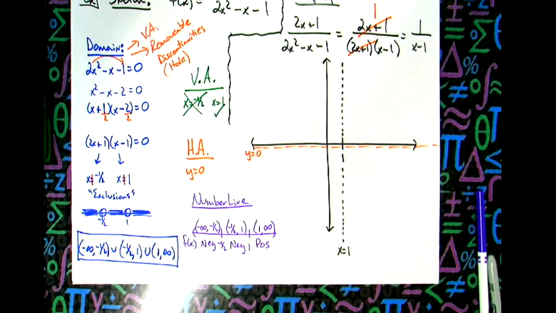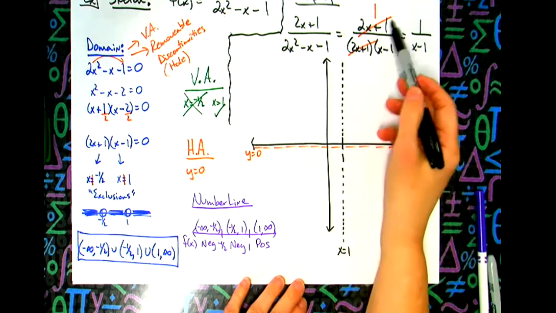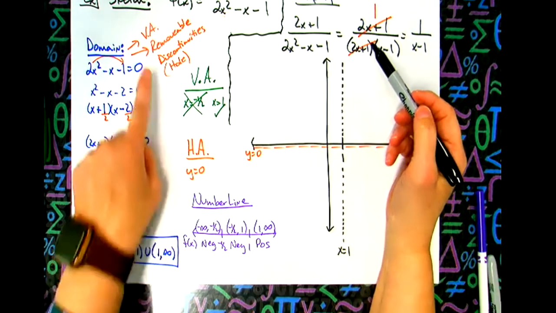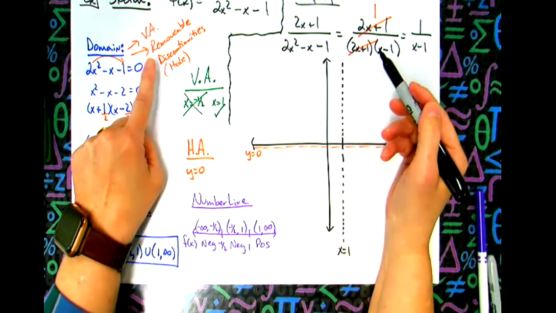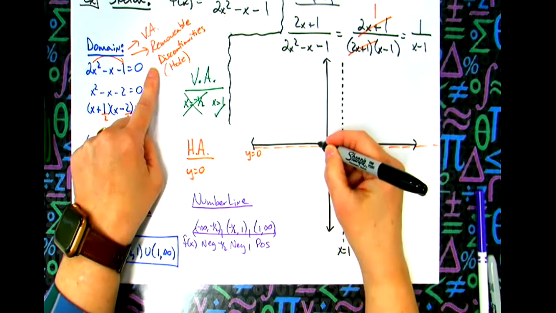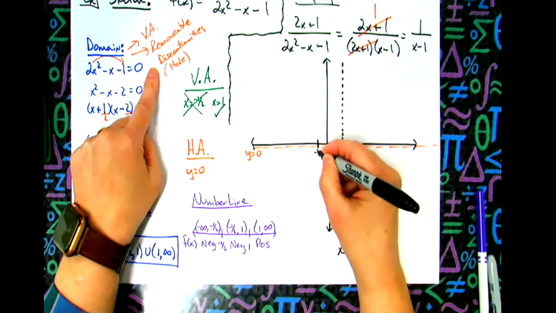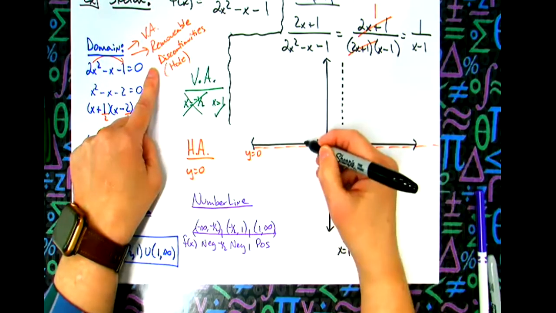Okay, now this action of crossing out this negative 1/2 turns out to be a removable discontinuity. Negative 1/2 is, let's just say, roughly right about there, because negative 1 would be there.